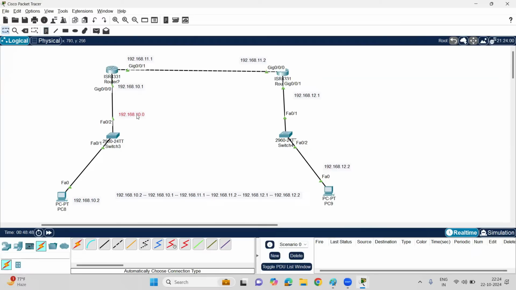What is the network of the next two IP addresses? 192.168.11.0. And the network belonging to these two is 192.168.12.0.